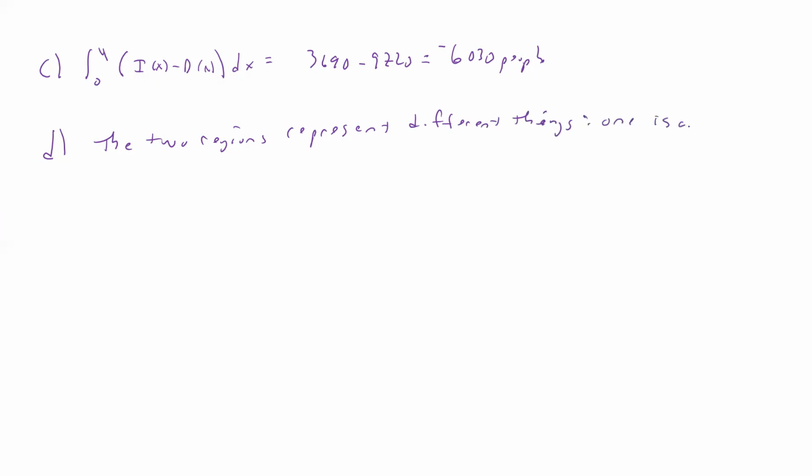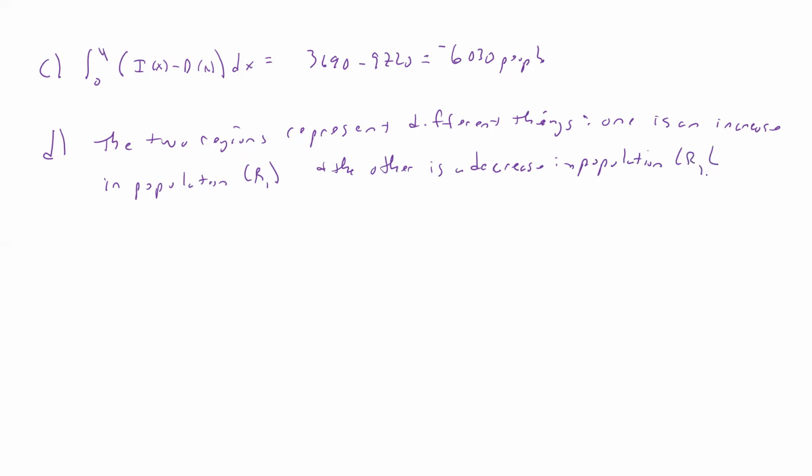One is an increase in population, and that was our R1, and the other is a decrease in population, and that was our R2. Basically, in the other one we're taking a positive and taking off a negative, and so we get a negative, and the other one is the total area.